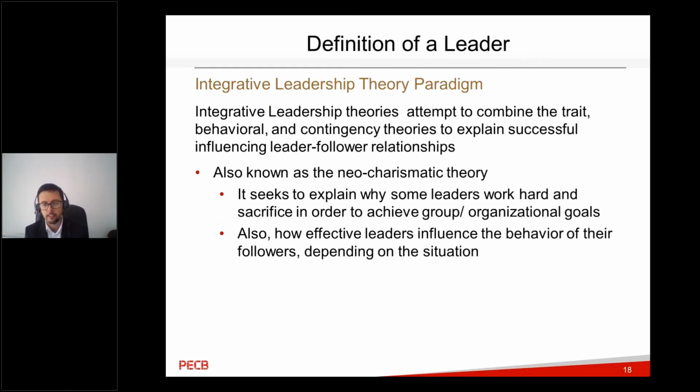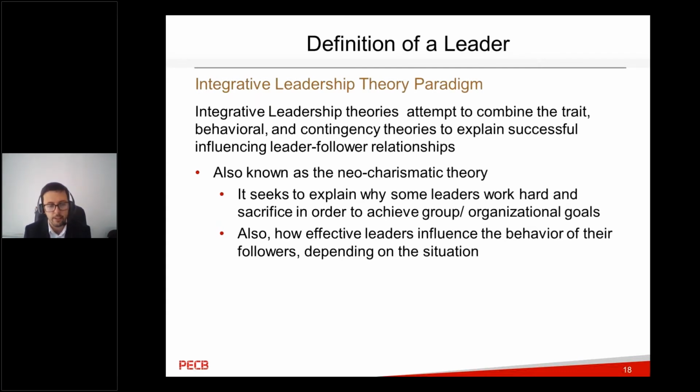We usually also call this theory the neo-charismatic theory. So integrative leadership theories try to combine the trait, behavior, and contingency theories in order to explain the relationship between the leaders and the followers.